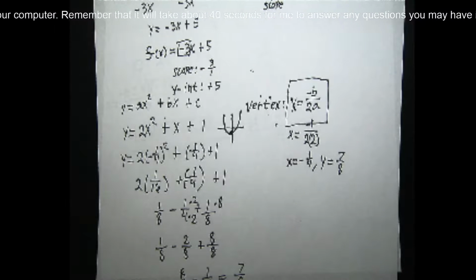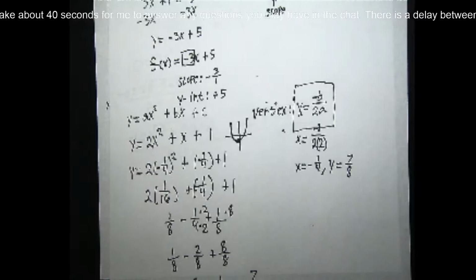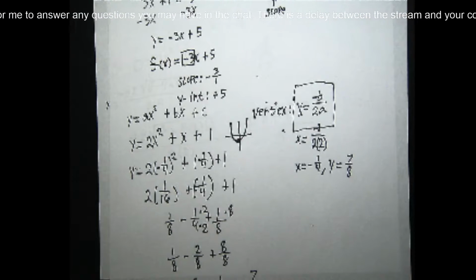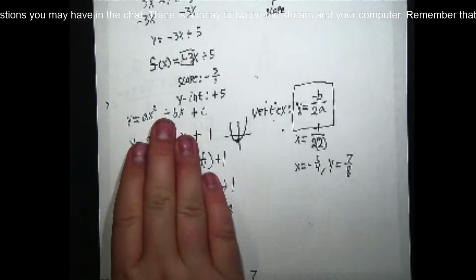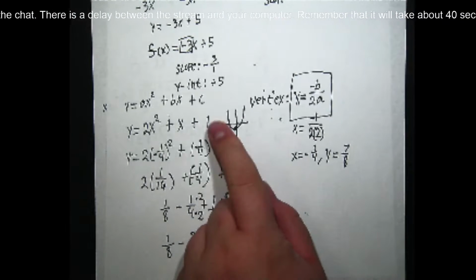How do you find the y-intercept? Well, plug in 0 for x. It's the exact opposite. Anywhere that the graph crosses the y-axis, x will be 0. So plug in a 0 for x, see what you get. Typically, it's going to cancel everything except for that last number. So you could say that this is our y-intercept.